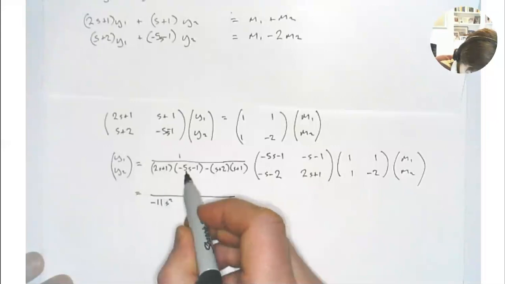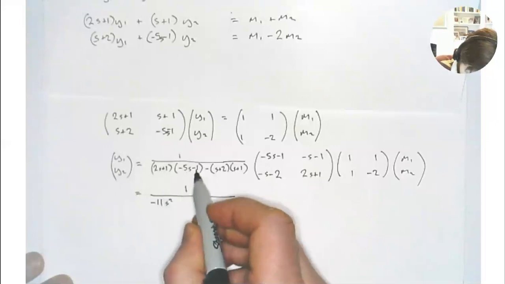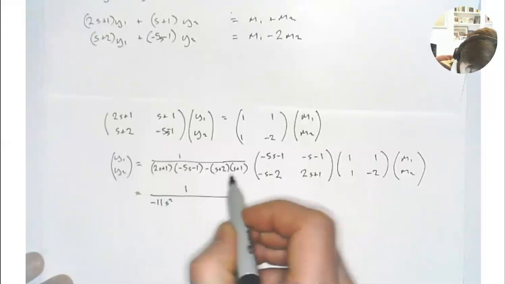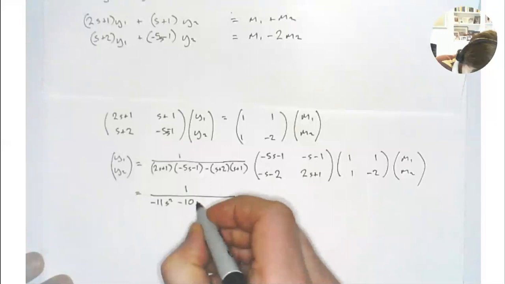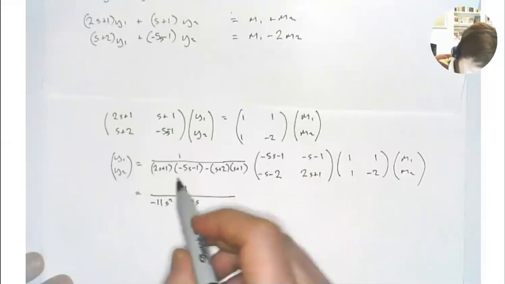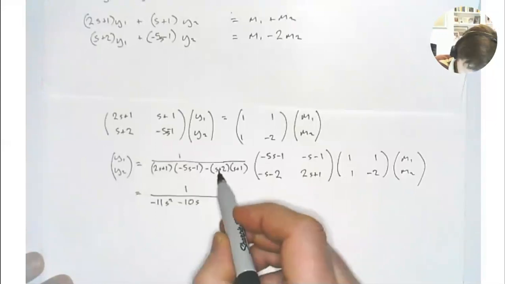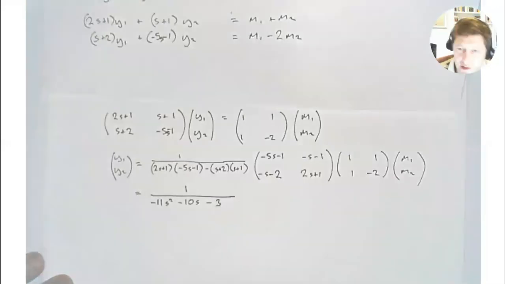We've got minus 5s, minus 2s and minus 3s, so that's minus 10s. We've got minus 1 and minus 2, so that's minus 3. So that's our polynomial there.